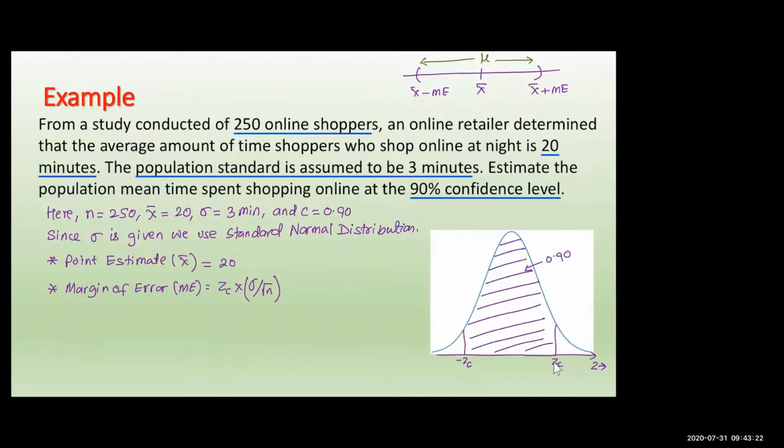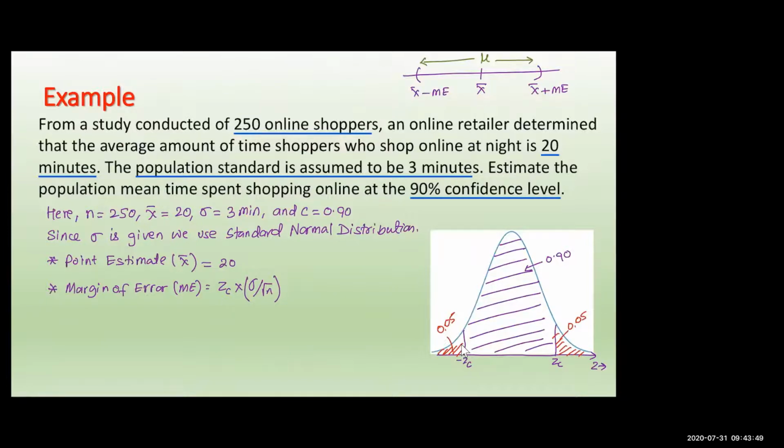Since the area in the middle is 90%, the remaining area in the tails is 10% divided into two parts, so 5% each. So the area on the left tail is 5% or 0.05, and the area on the right tail is also 5%, which is 0.05.